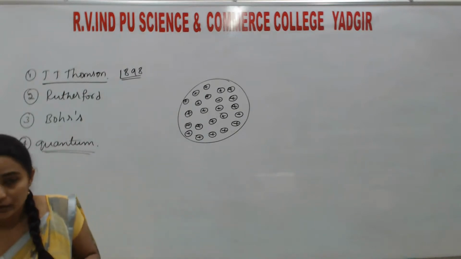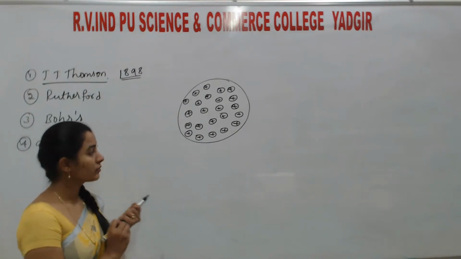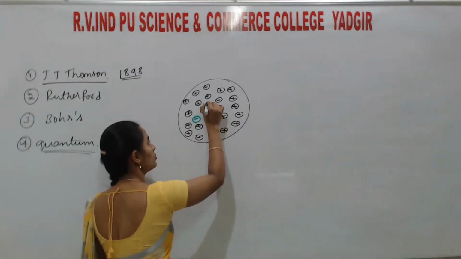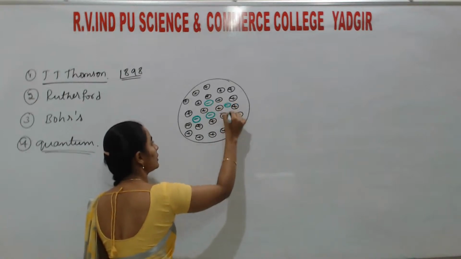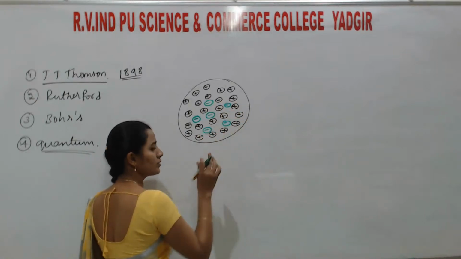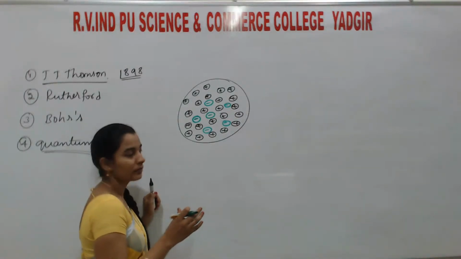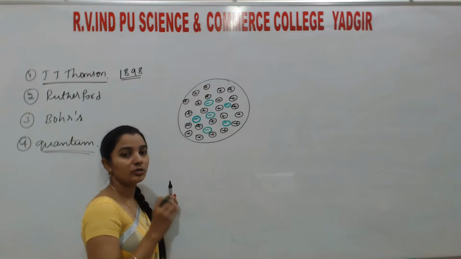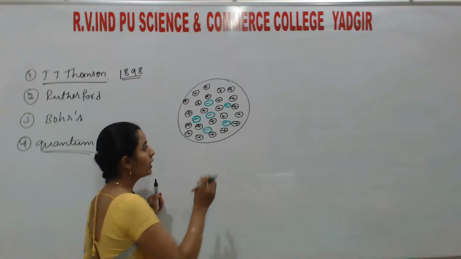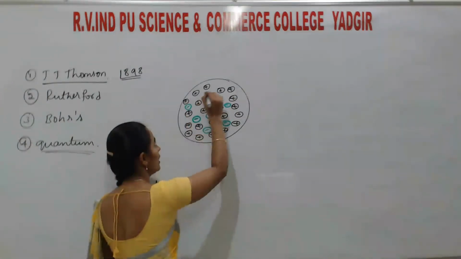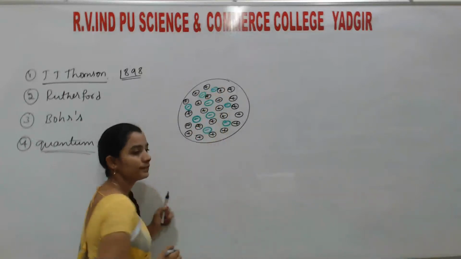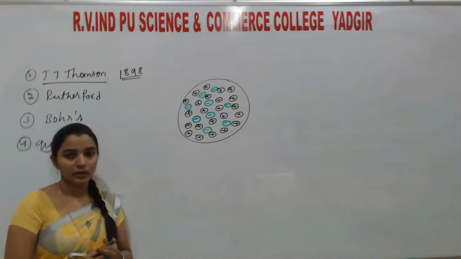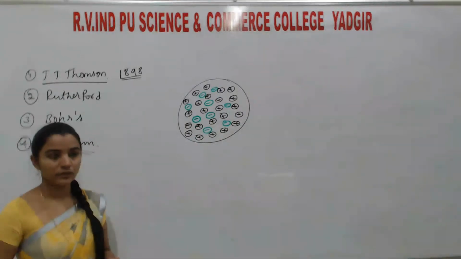To maintain electrical neutrality, the negatively charged species are also distributed in such a manner that they are just trapped between them. Only positively charged species are distributed throughout the atom, and negatively charged species are distributed within them, like this. He arranged like this. Okay, just an assumption it is.